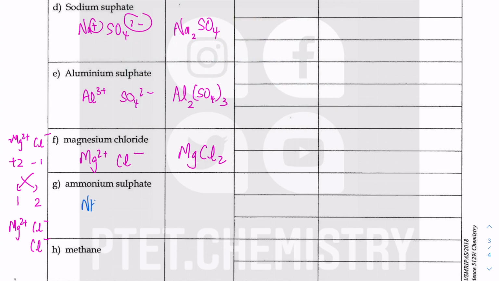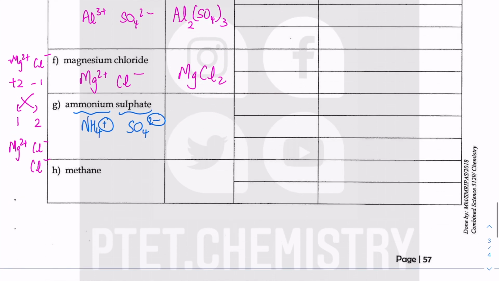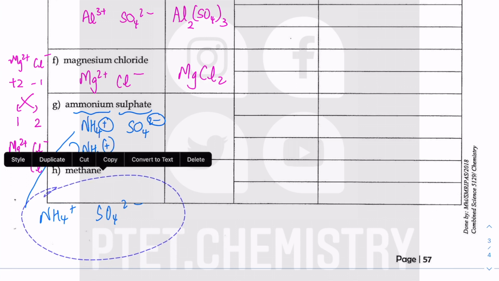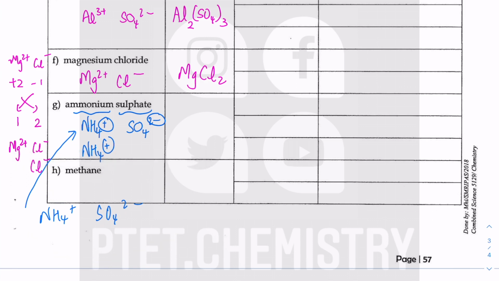What's the next one? Ammonium is NH4+. Sulfate is SO4 2-. The plus one does not cancel the minus 2 unless you have another one. This is basically what it means by NH4+, SO4 2-. If you do the crisscross method, then you have plus 1, minus 2.